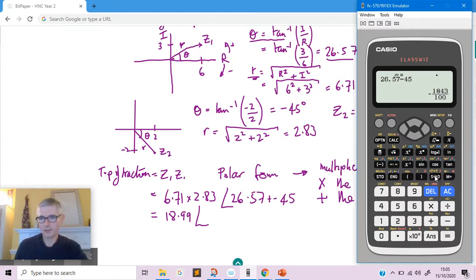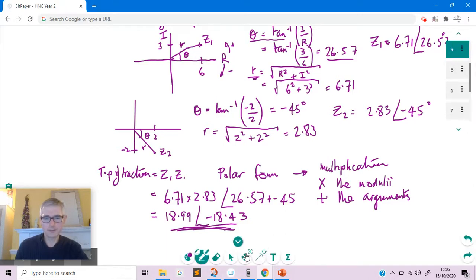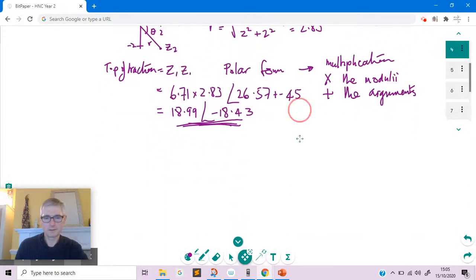We actually want it in decimal form, so we just press that SD button, and we've got minus 18.43. So that's what the top line of the fraction works out to be. We now need to work out the bottom part of the fraction. So the bottom part of the fraction is Z1 plus Z2.